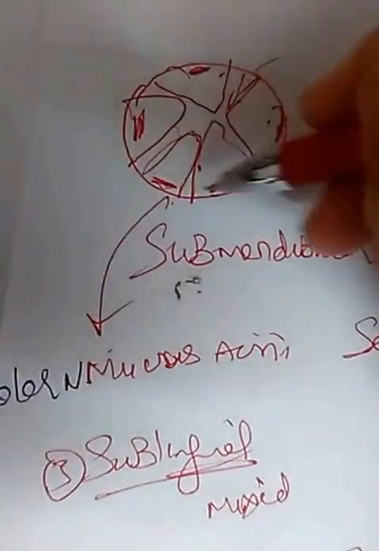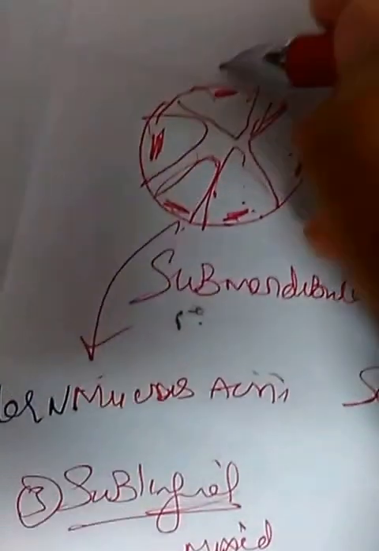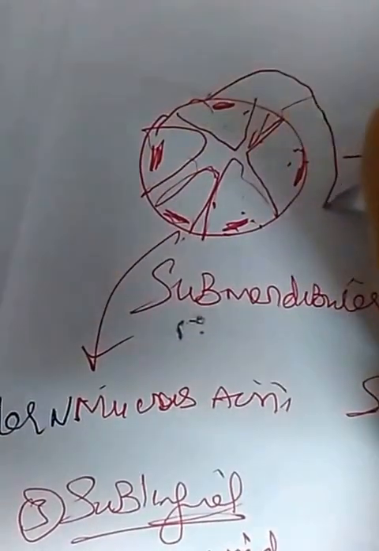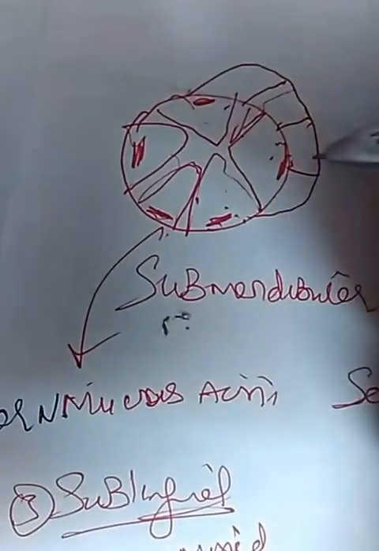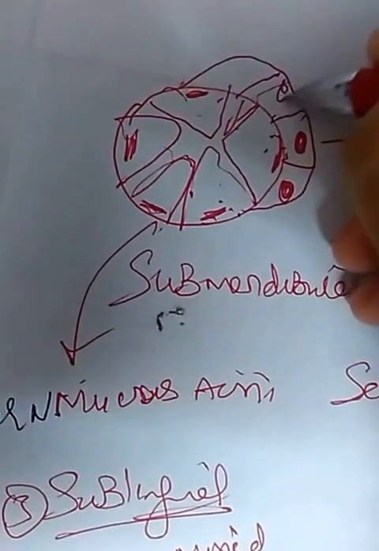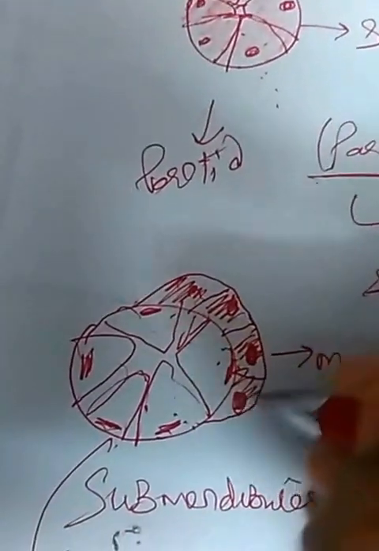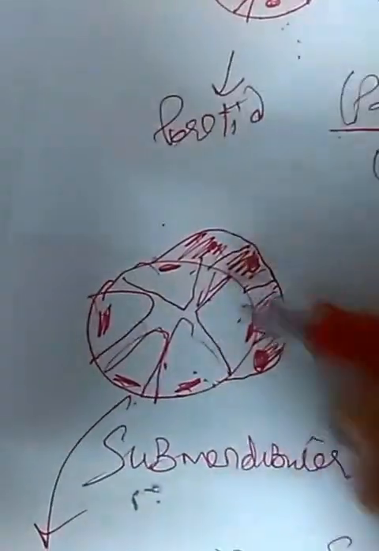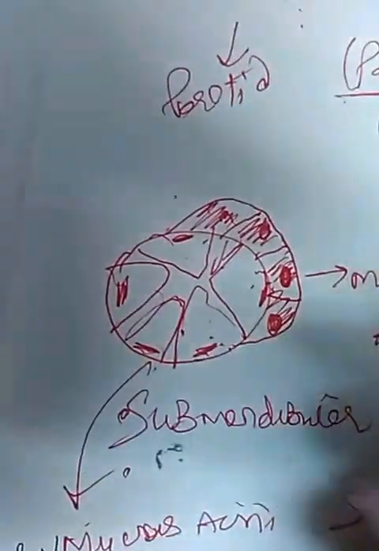You will see around the mucus acini there will be some serous acini-like structures, like this, and these will be filled just like a serous acini. So this is serous demilunes.